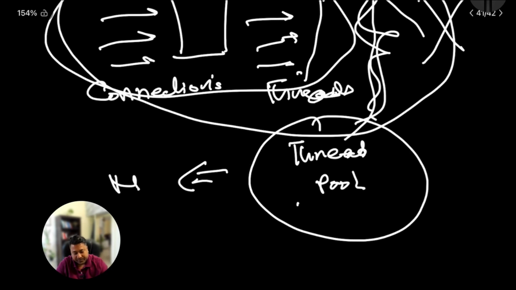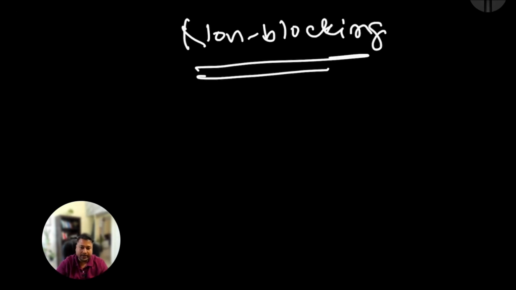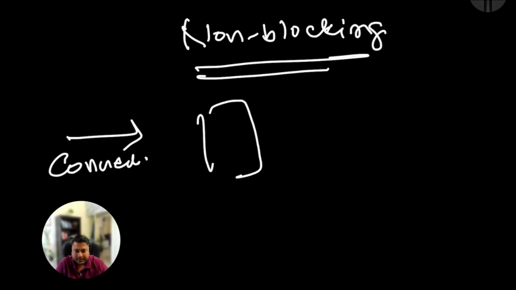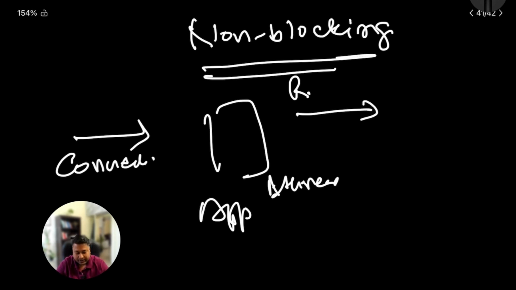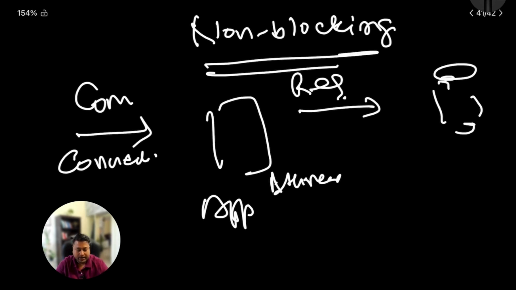So that is where people thought, okay, we have to build something that is non-blocking in nature. When I say non-blocking, that means something like, let's say one connection comes in, and a thread in the application picks up that connection request, makes a database call, and comes back.